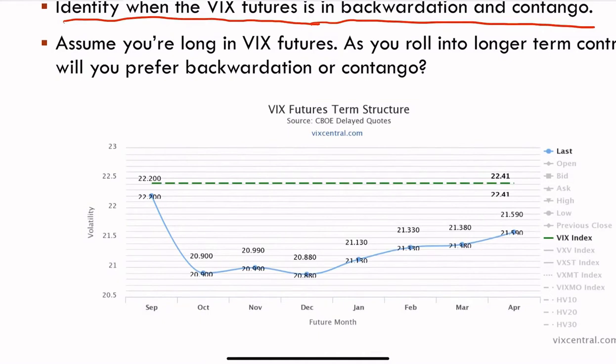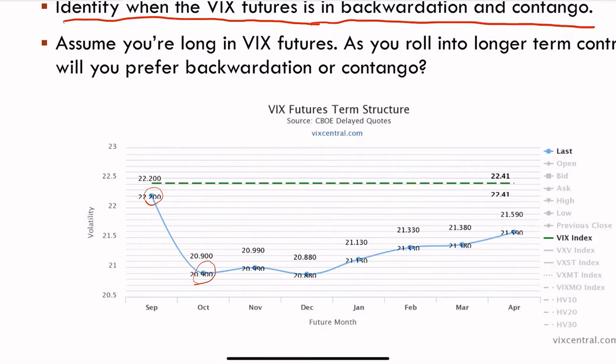So let's pick this guy, this is the September future. This guy, it's the October future, right? What you can see here is the futures with September maturity has a higher volatility compared with the futures with October maturity, right? What does this tell you?